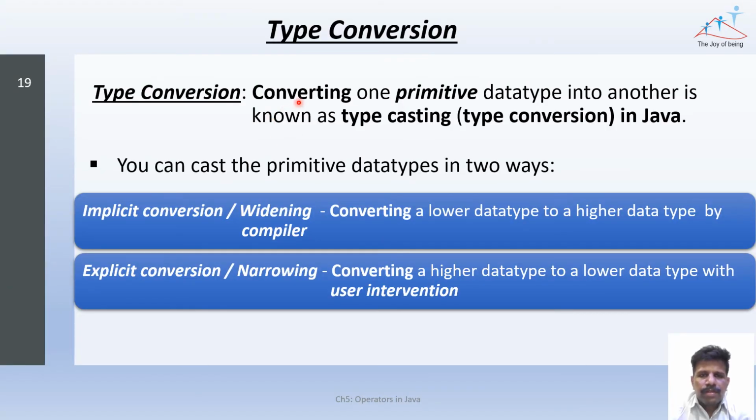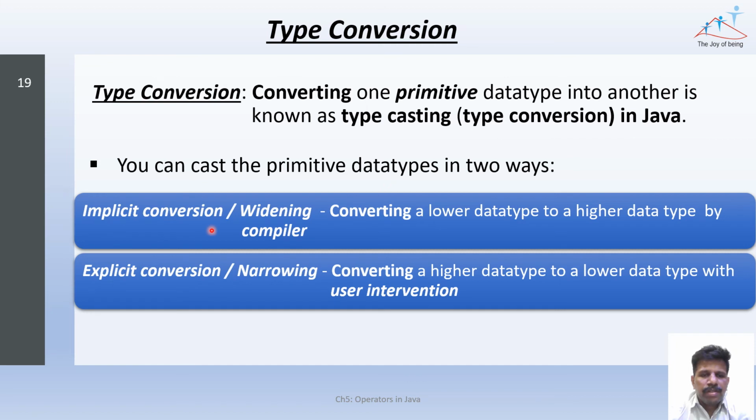So now we will discuss type conversion in Java. Here type is data type. Converting one primitive data type into another is known as typecasting or type conversion in Java. Typecasting is the technical term for type conversion in Java. So here we have two types of typecasting.